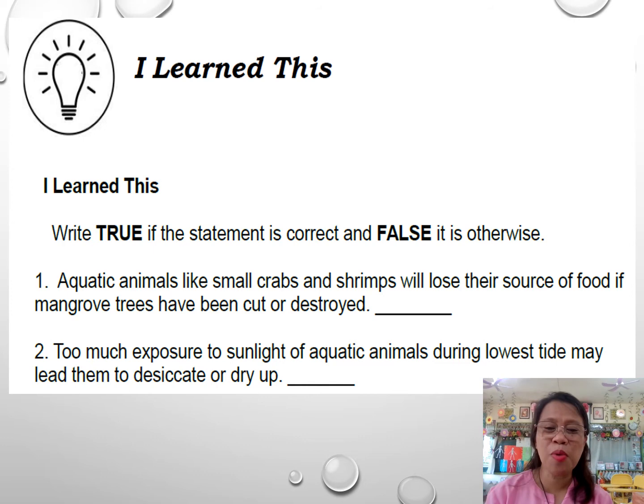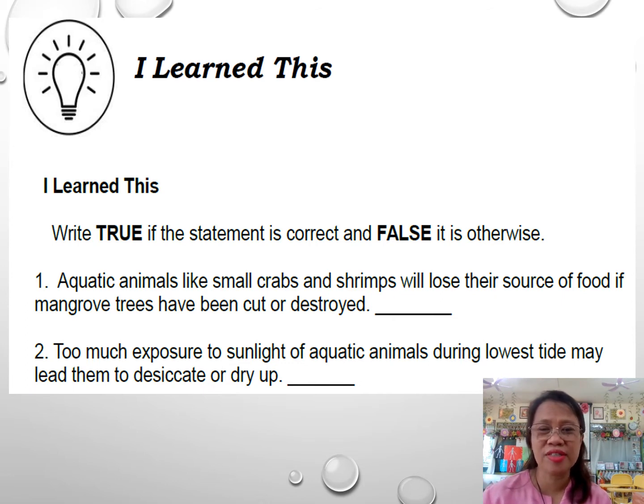Number 2, too much exposure to sunlight of aquatic animals during lowest tide may lead them to desiccate or dry up.